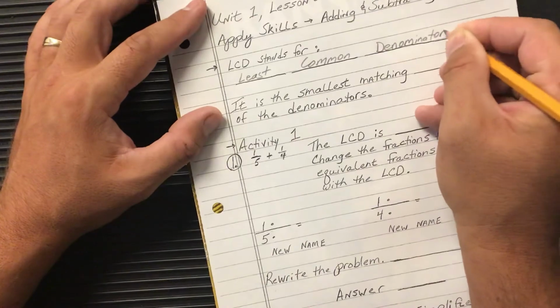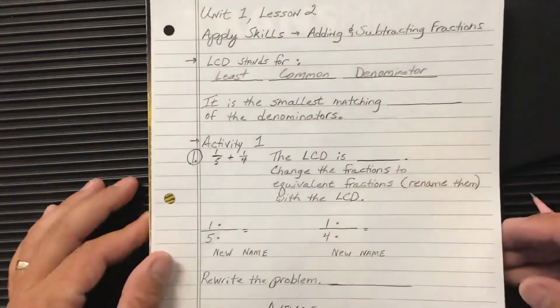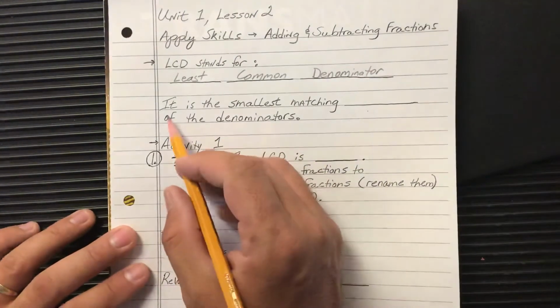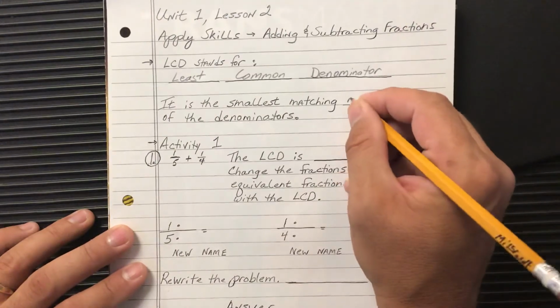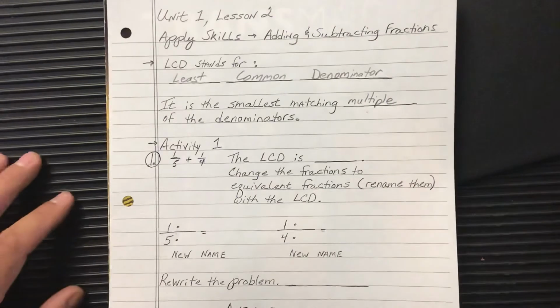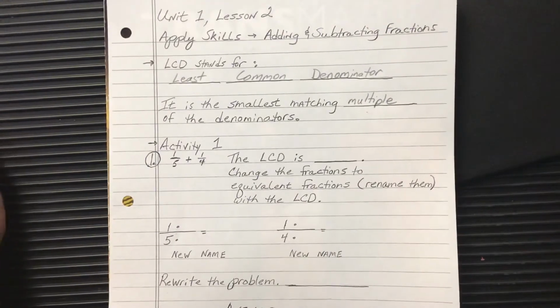The bottom, yes. Least common denominator. Okay, it's sometimes called the least common multiple when you're not dealing with fractions. So it is the smallest matching multiple of the denominators. That means the smallest number that both those denominators can go into.